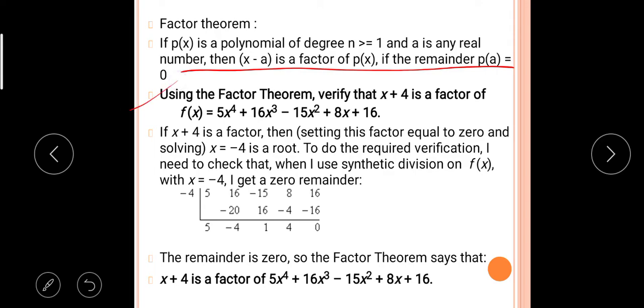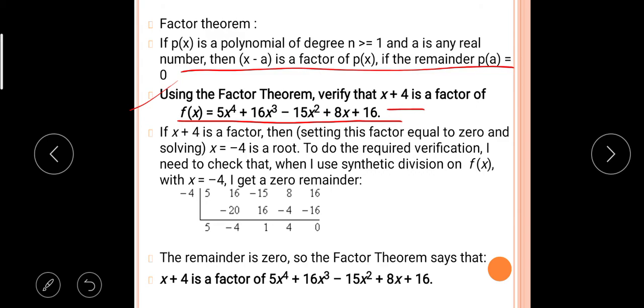By using one example, I am going to explain: using the factor theorem, verify that x plus 4 is a factor of the given polynomial. Listen students, only when the remainder is 0 is the given value a factor of the polynomial. So if x plus 4 is a factor, then setting this factor equal to 0 and solving, x is equal to minus 4 is a root.